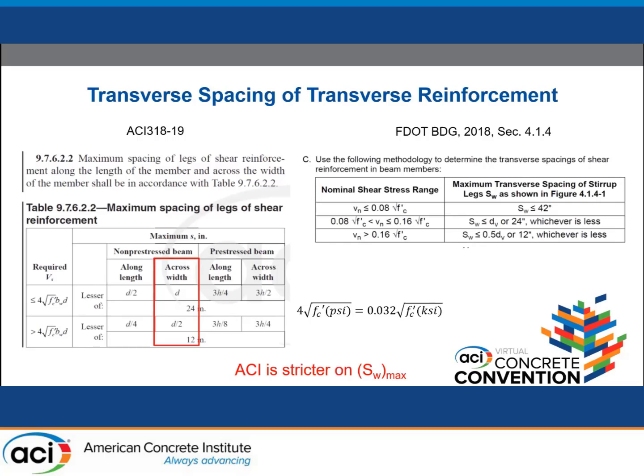We thought the main reason was that ACI is mainly for building beams, which are typically a little bit smaller than bridge beams. So that's why ACI is a little bit stricter.